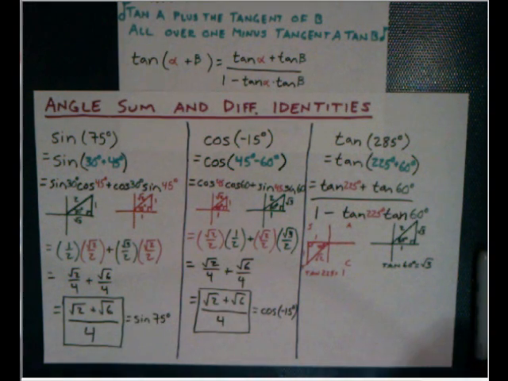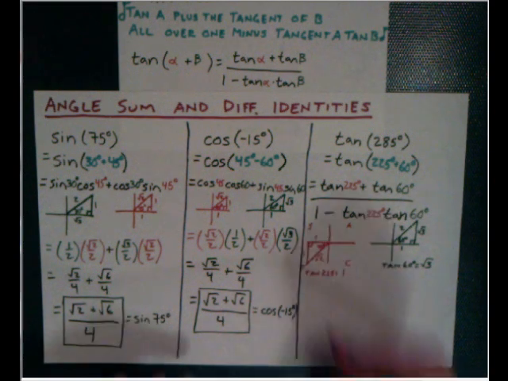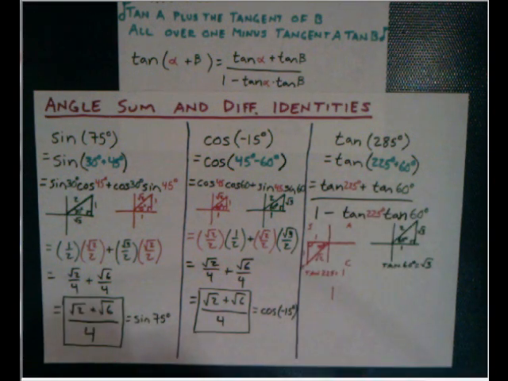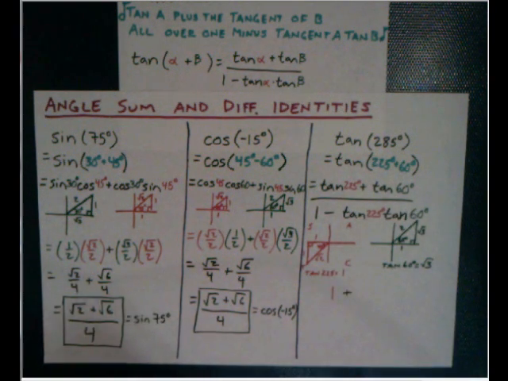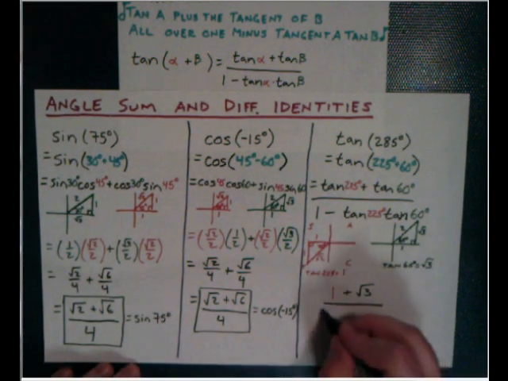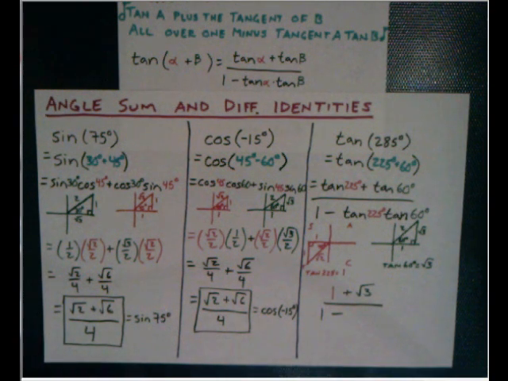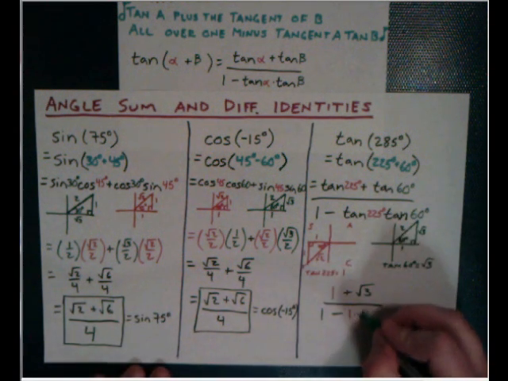So here we go. We just need to actually plug in the individual values. So tangent of 225 is 1. Then we've got plus the tangent of 60, which is root 3, all over 1 minus tangent A tan B. So that's going to be 1 times square root of 3.